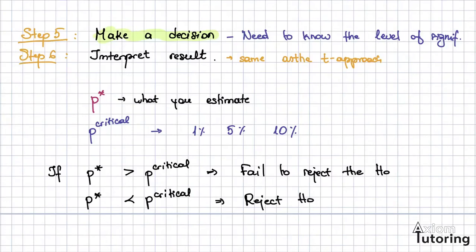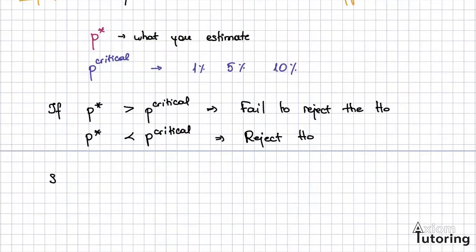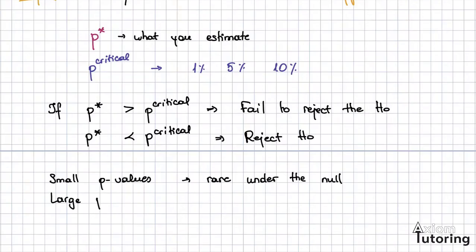Okay? So in a sense, you can say that small p-values are rare under the null, and large p-values are typical under the null. Okay?